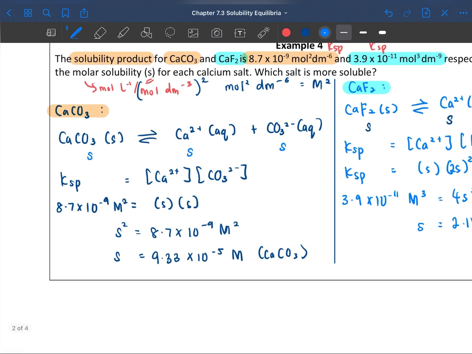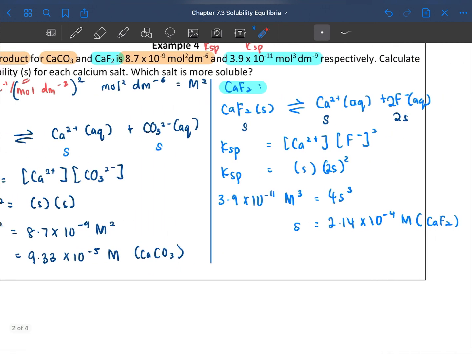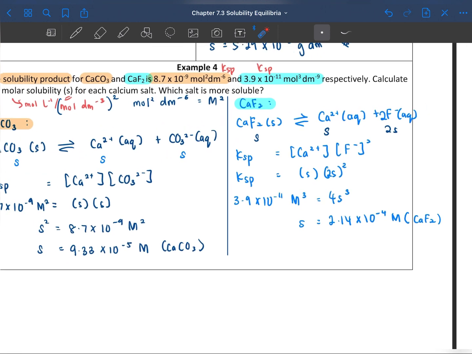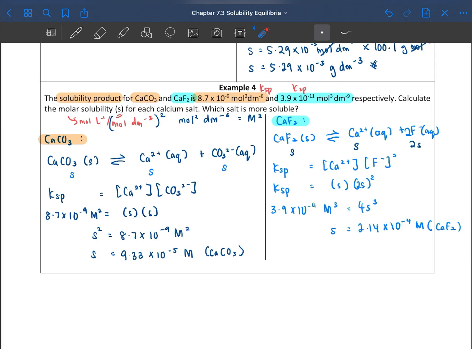Kita dah settle soalan yang first, dia suruh kita cari molar solubility. Ini memang molar sebab unit dia mole per liter. Then which salt is more soluble. Ini CaCO3, ini CaF2, dua-dua kalsium. Which one is more soluble? Nak determine solubility, kita tengok nilai solubility. Ini exponent negative 5, ini exponent negative 4. Yang exponent negative 4 is bigger.